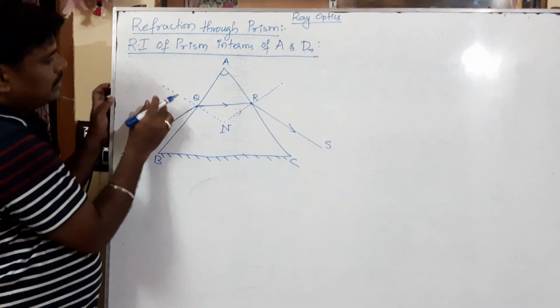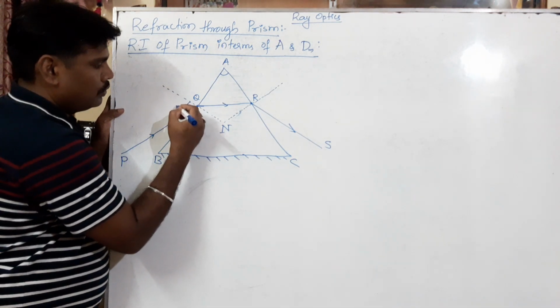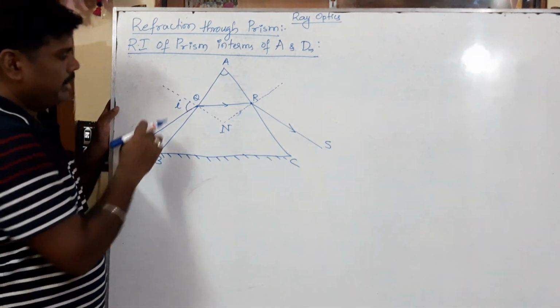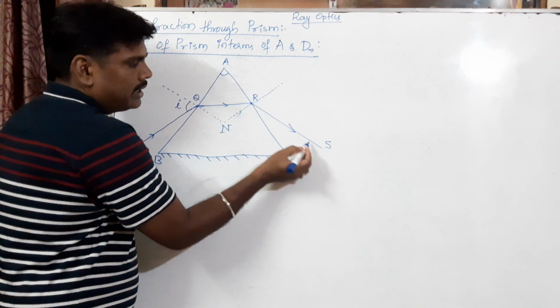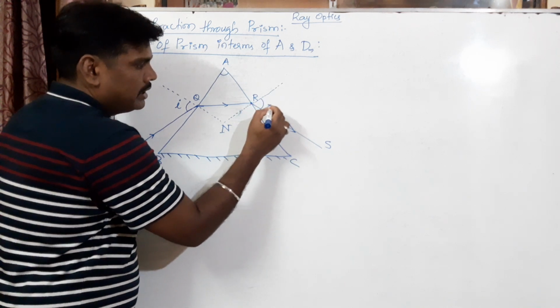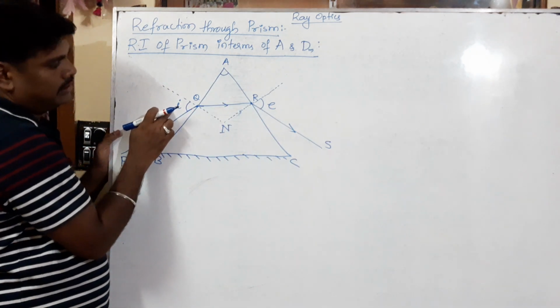The angle between the normal and the incident ray is the angle of incidence. You are familiar with that. The angle between the normal and the emergent ray is the angle of emergence E. E is the angle of emergence, I is the angle of incidence.